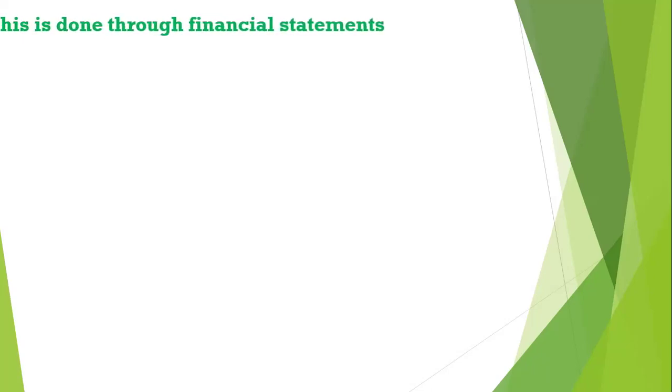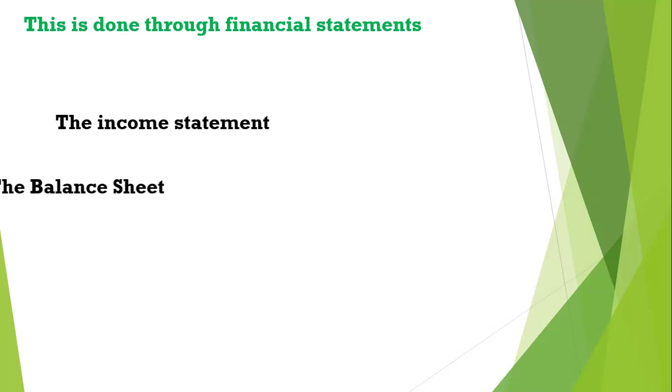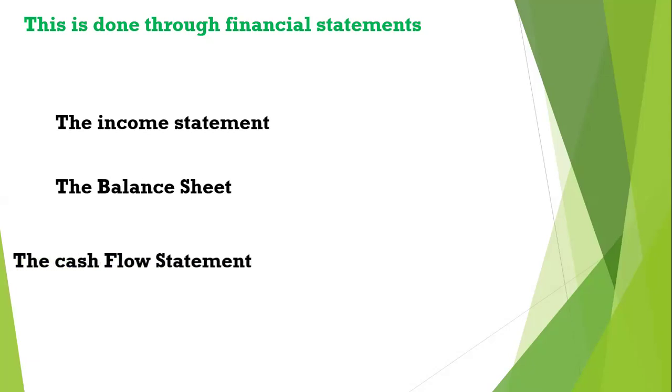So the process of recording, summarizing, and reporting a company's financial transactions is done through many financial statements, things like income statements, balance sheets, the cash flow statements, and the next one will be the statement of retained earnings.